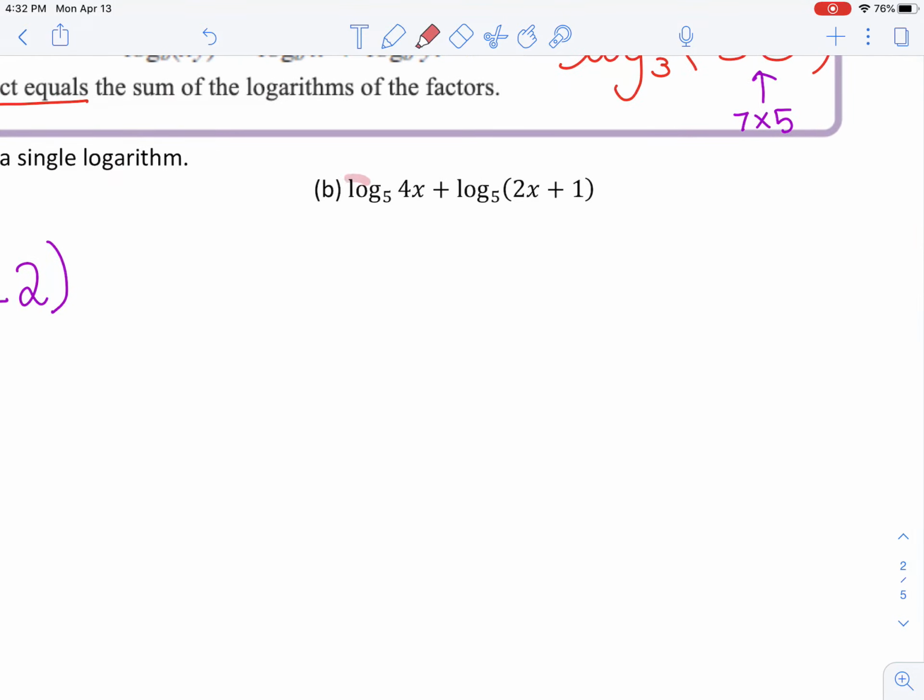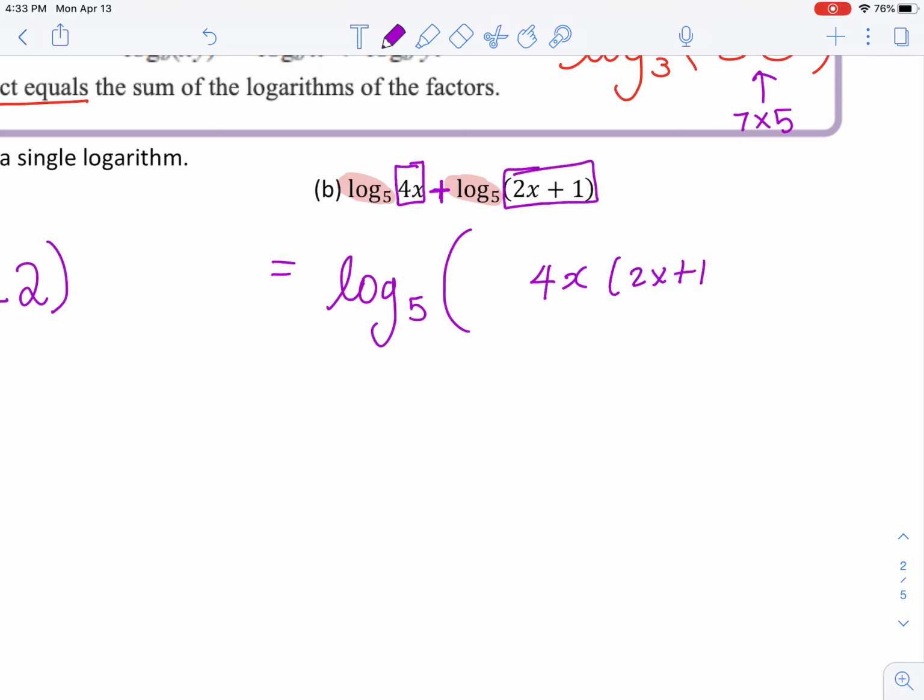B. Now I got log base 5 of 4x, and I got log base 5 of 2x plus 1. Once they have the common log base, I know that I can combine them. Log base 5 of. Now, what do we do with the arguments? Because if you're adding the common log bases, we're not adding these arguments. Remember, we're multiplying the 4x times, what's the other argument? 2x plus 1.